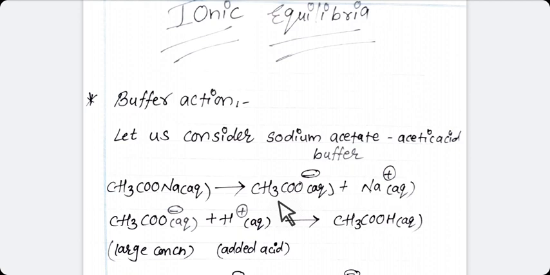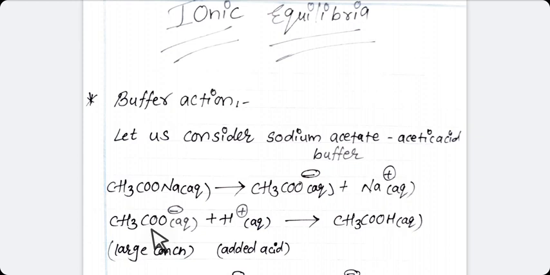Student, what I want to explain here is, when you are adding a strong acid, means any of the strong acid in this buffer solution, the strong acid contains H plus ion.